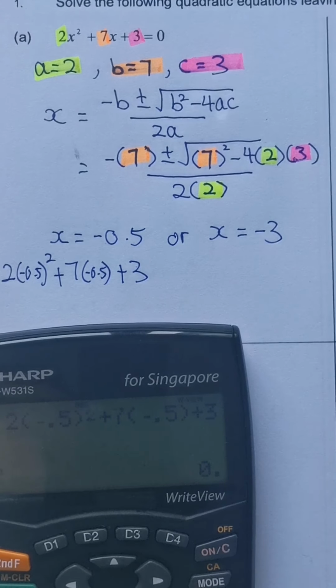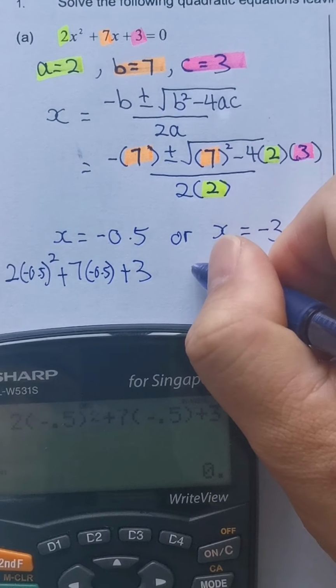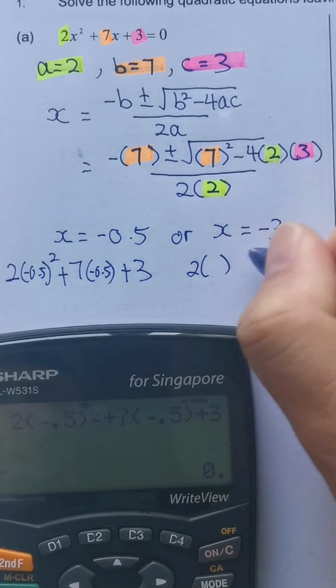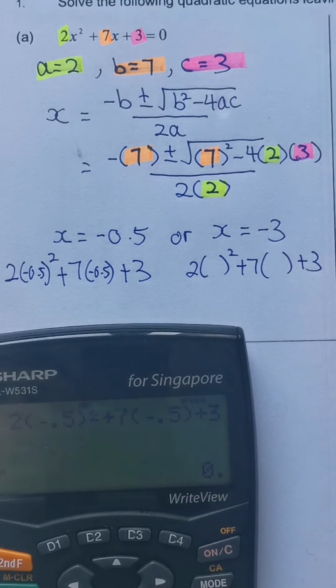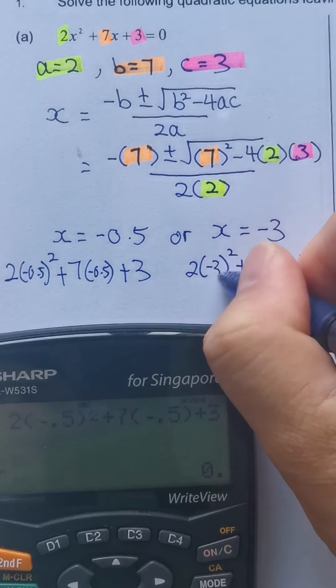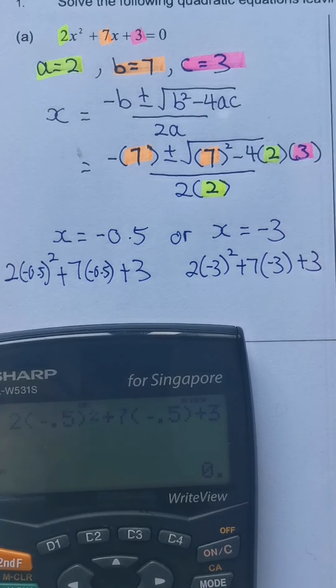When x equals negative 3, what happens? Same thing: 2 bracket squared plus 7 bracket plus 3. I will put negative 3 into my brackets.